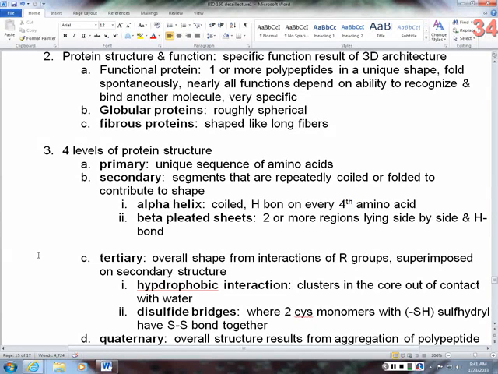When it's alpha helices, you've got a hydrogen bond on every 4th amino acid. When there are beta pleated sheets, there are 2 or more regions lying side by side that get hydrogen bonded together. So the hydrogen bonds are really important in helping to hold the amino acids into the shapes that they are.